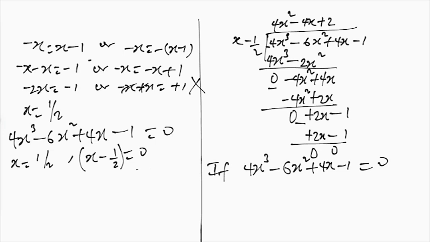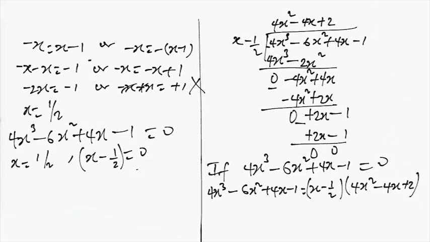And based on this long division, we've been able to deduce that 4x cubed minus 6x squared plus 4x minus 1 is the same thing as x minus 1 over 2 multiplied by 4x squared minus 4x plus 2. That's actually the quotient that we got after dividing. I'm going to break this down.